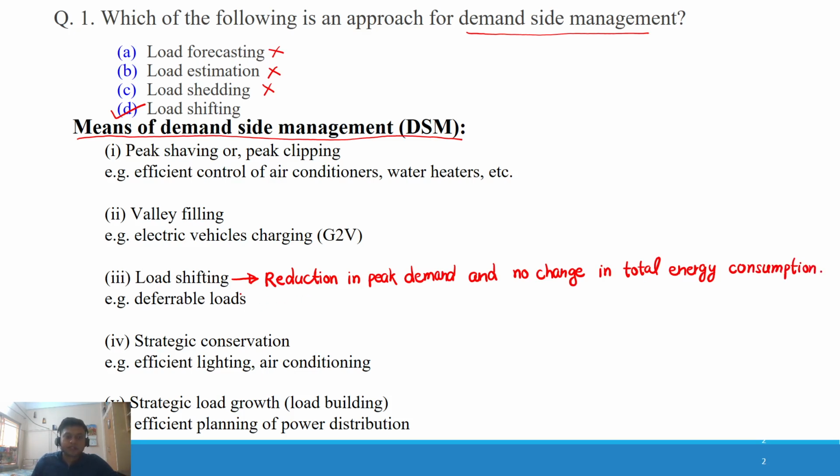Because we are shifting the load demand from peak hours to off peak hours, the common examples for load shifting are deferrable loads. What do we mean by deferrable loads?